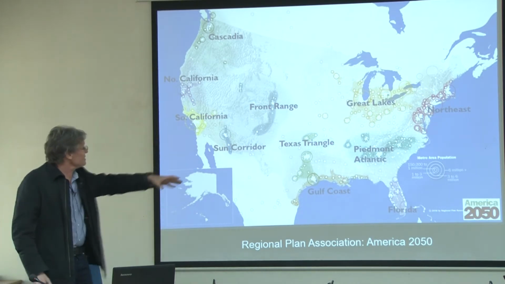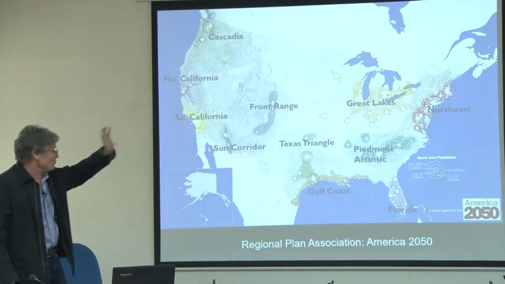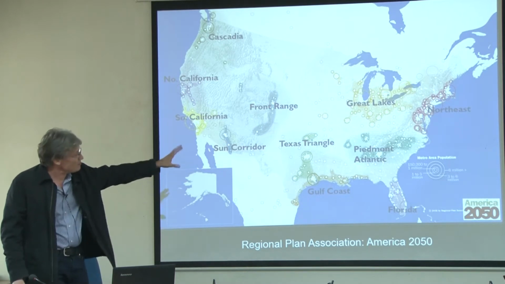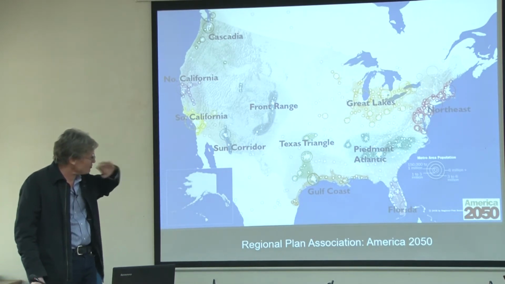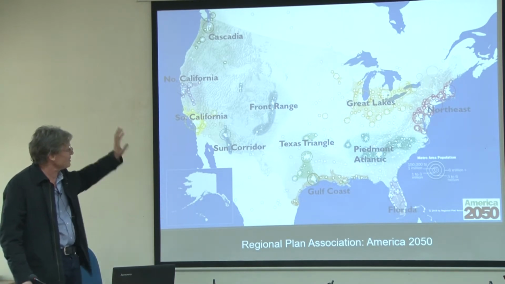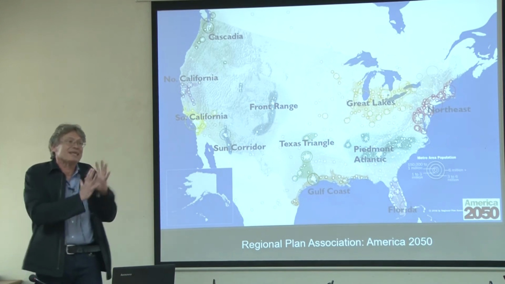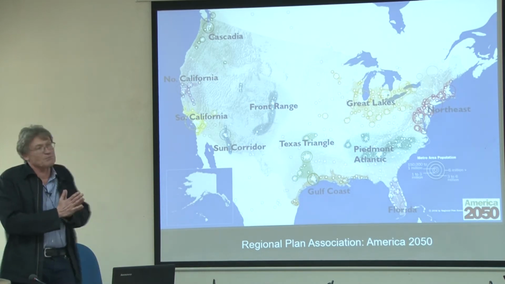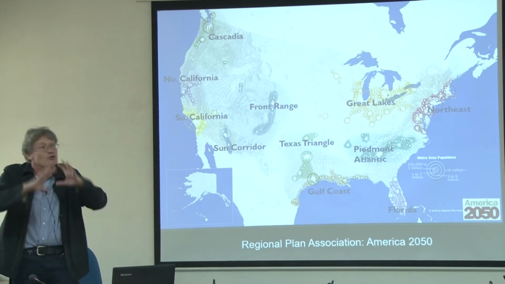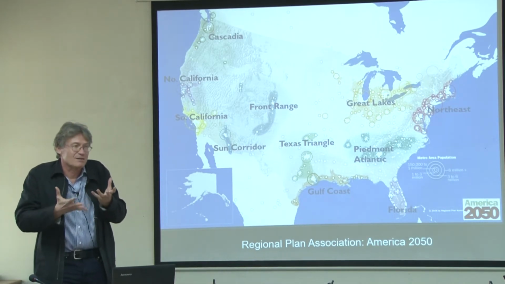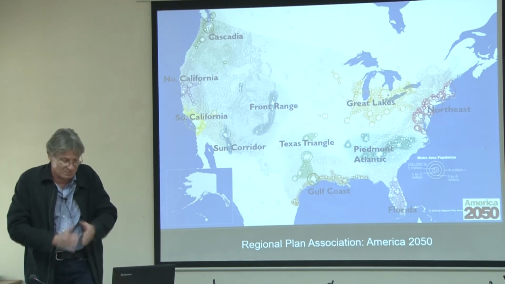We see the Northeast, of course Northern and Southern California, the Great Lakes, that's well known, but then some regions that are seen as peripheral, like the Piedmont Atlantic or the Texas Triangle or the Front Range, whatever that is. But you see that even in this Regional Plan Association of the US, they identified new forms of the urban.